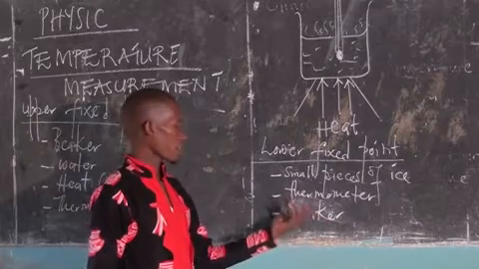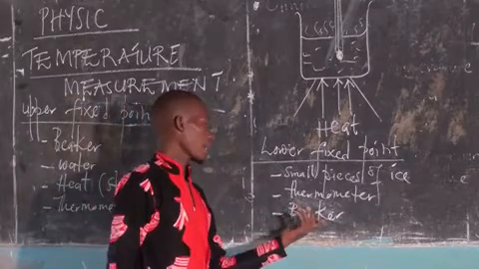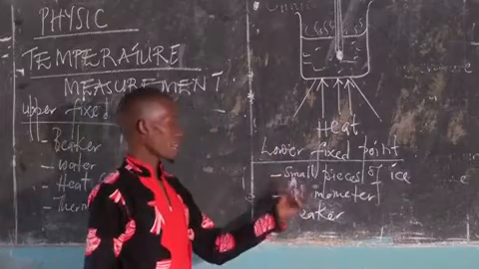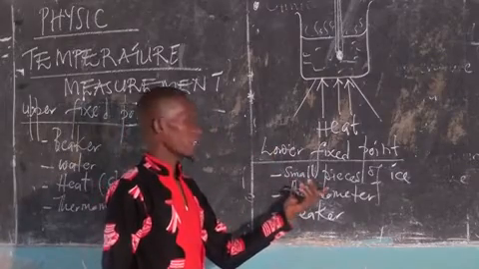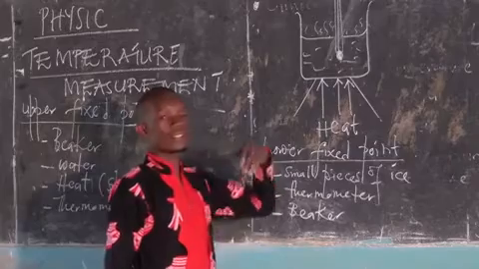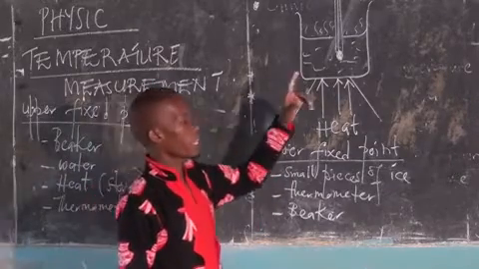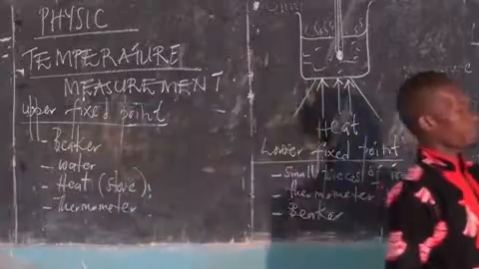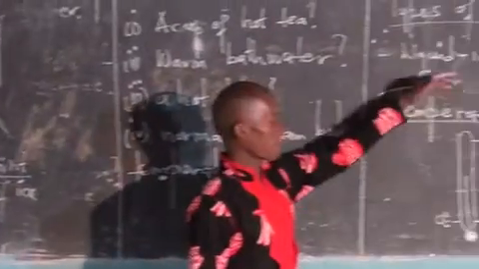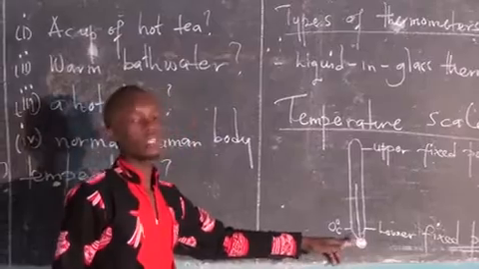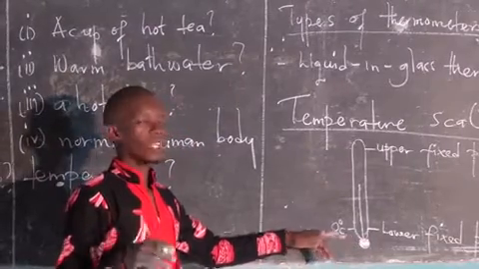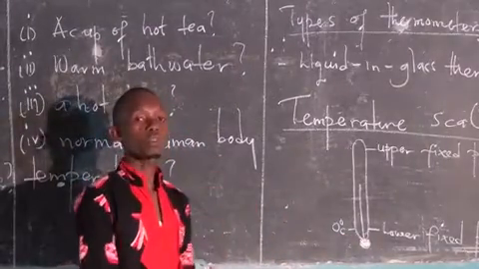You get that beaker or cup, you pack small pieces of ice there, you wait for it to melt, then you insert the thermometer, and you look at the mercury thread. Is it moving up? Is it moving down? There you go. You can record 3 times and you conclude.